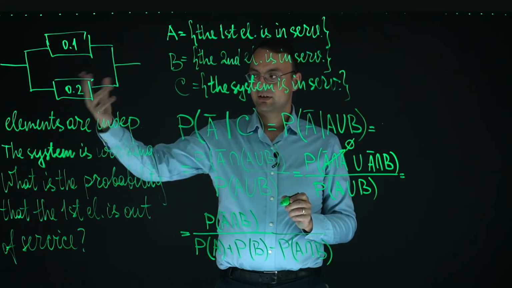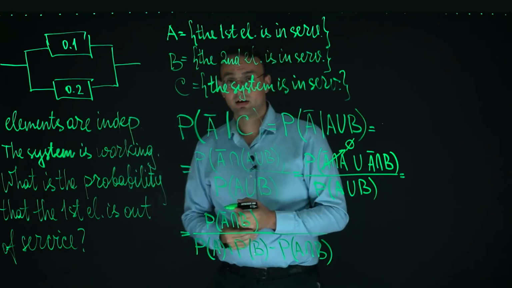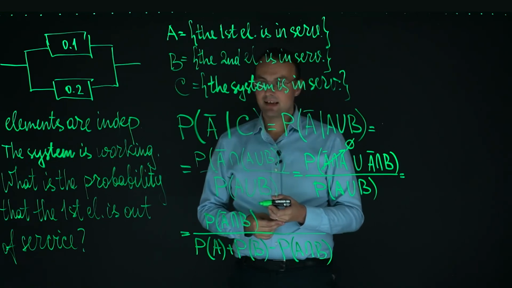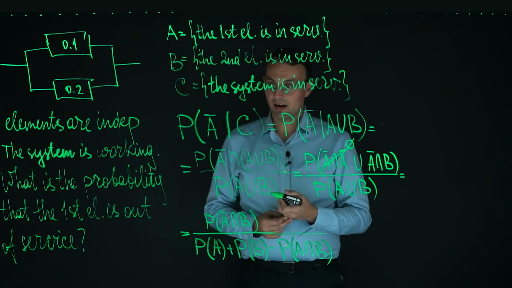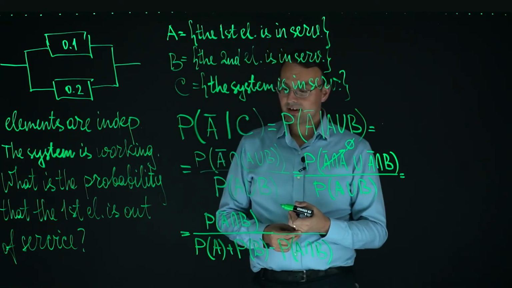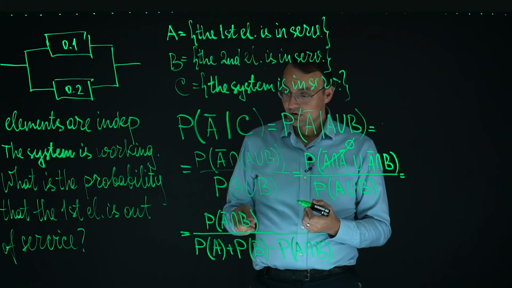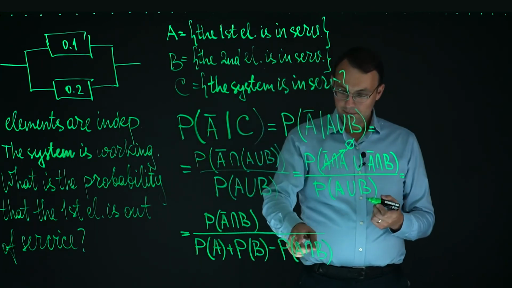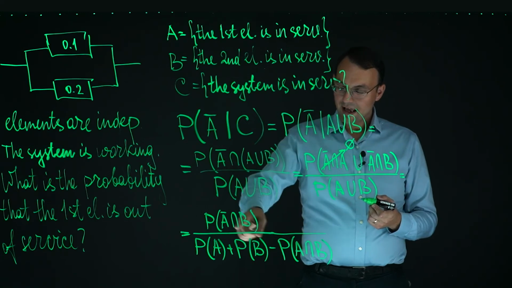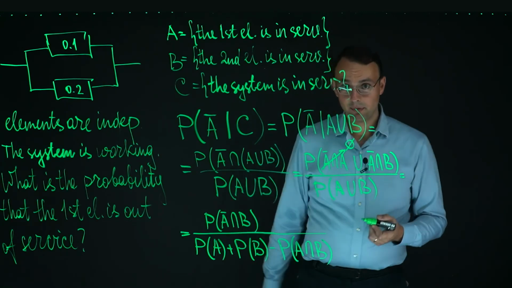So they are in service or out of service independently, one from the other. And that means that events A and B are independent events. And for independent events, probability of intersection is equal to the product of probabilities. So I can replace this P of A intersection B with P of A times P of B, and P of not A intersection B with P of not A times P of B.